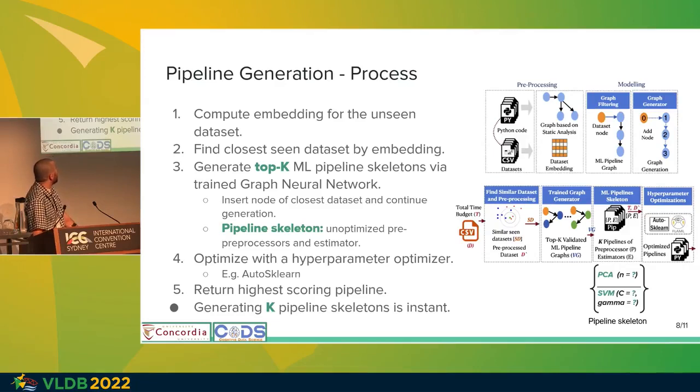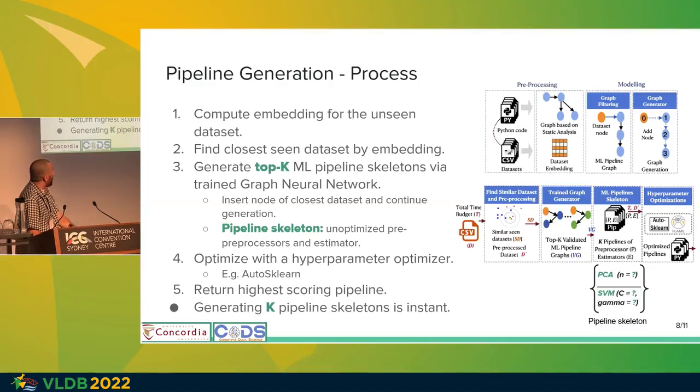A pipeline skeleton is an unoptimized machine learning pipeline. It has only the preprocessing techniques and the machine learning algorithm. We first insert the node of the closest dataset, and then we generate the graph on top.